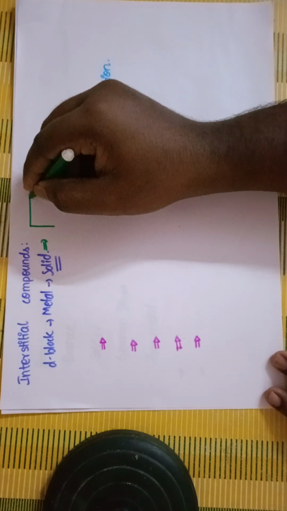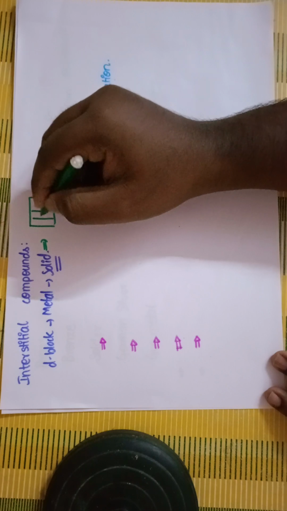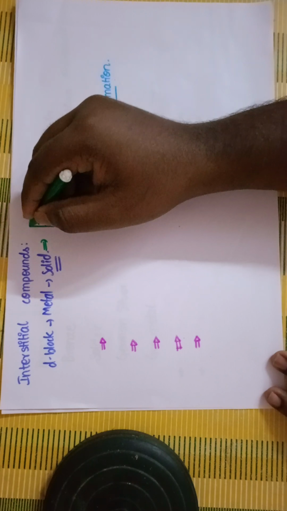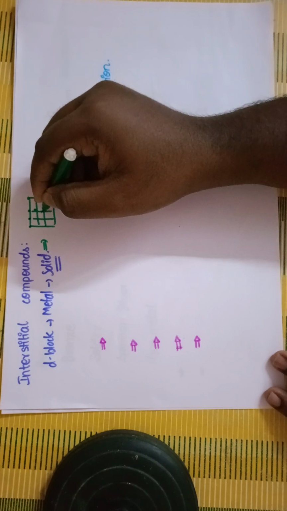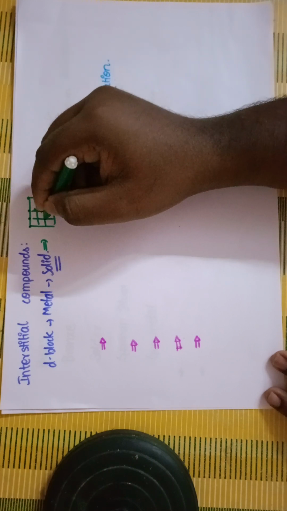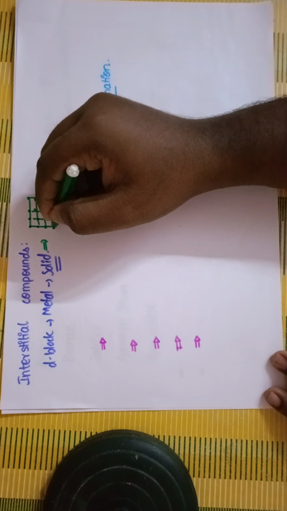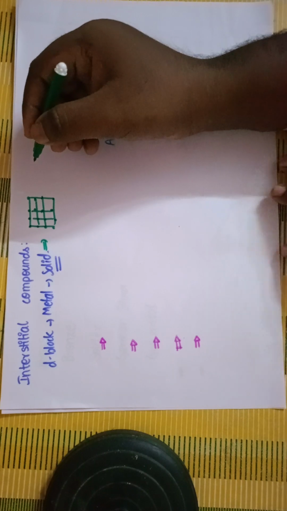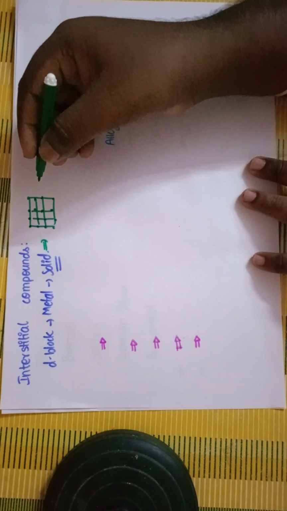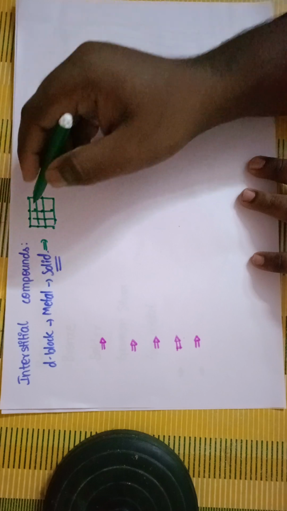All the intersecting points are occupied by metal atoms or metal ions. It depends on the case, whether it is a charged metal ion or a neutral metal atom.